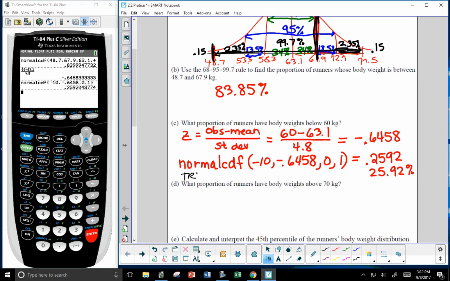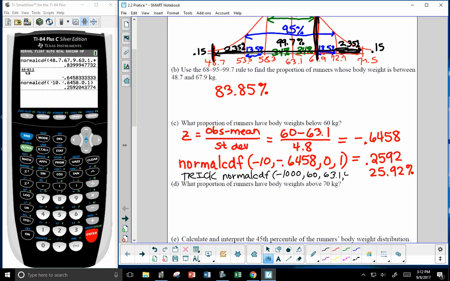You're going to see on the calculator that that gives us the same answer.